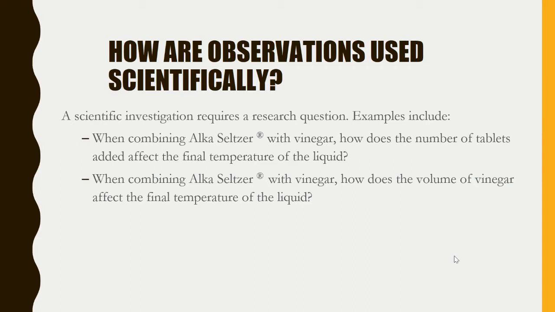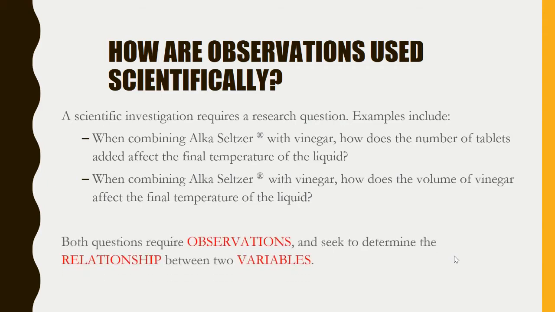One would be, when combining Alka-Seltzer with vinegar, how does the number of tablets added affect the final temperature of the liquid? Another one could be, when combining Alka-Seltzer with vinegar, how does the volume of the vinegar affect the final temperature of the liquid? Both of these questions require observations, and they seek to determine the relationship between two different variables.